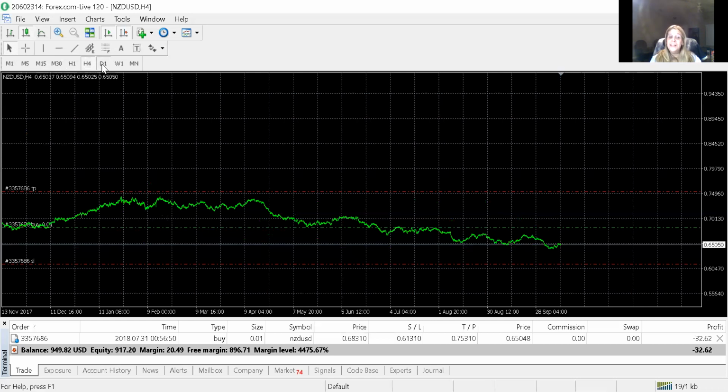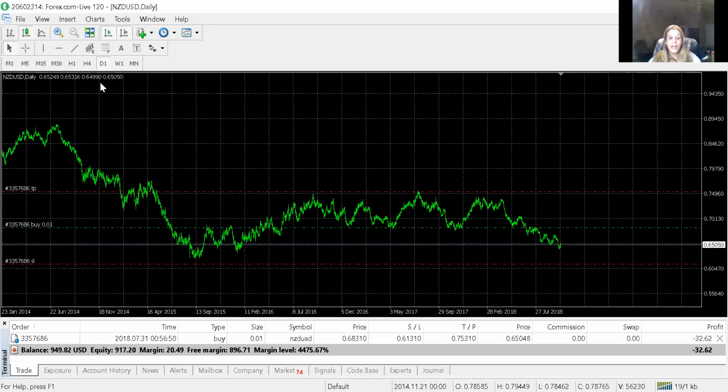So going up to the daily chart, I have a cleaner picture of what this trade will be doing. And it goes back to January 23rd of 2014. Plenty of years right here. So looking at the trade, not too long ago, in September, it actually dropped pretty low and pretty close to my stop loss.